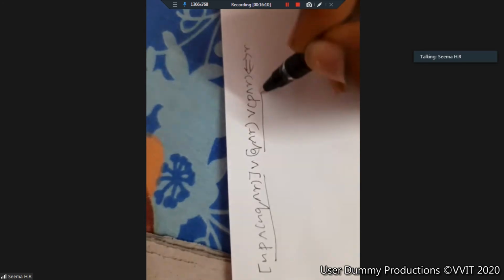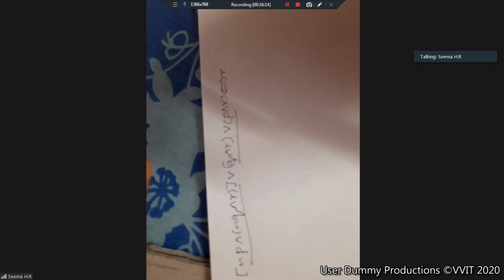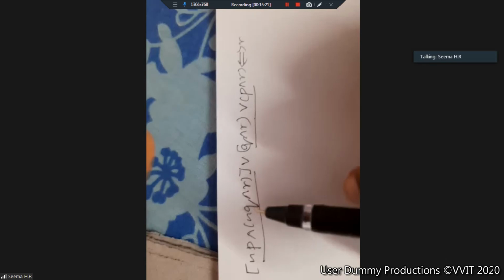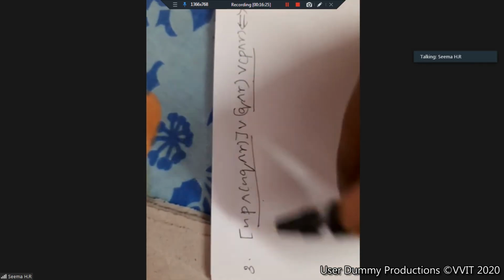Yes, ma'am. Now, I will make this as first portion and this as the second part. So together we need to show that that compound proposition is equivalent to R. So I have divided these two into two portions. So first one is this and second one is this. So first let me simplify this portion.